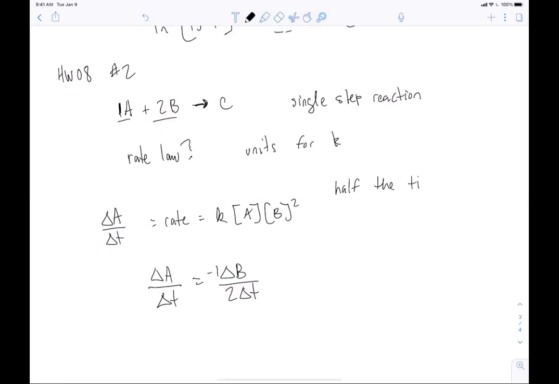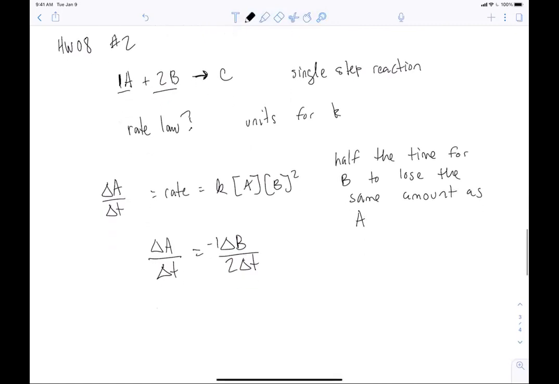Half the time for B. I don't know if that's a super clear technical way to write it, but half the time for B to lose the same amount as A. So let me try this again.